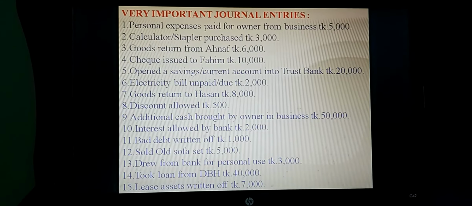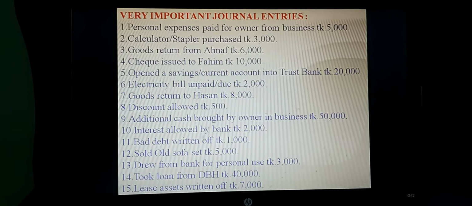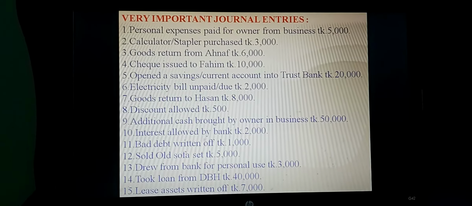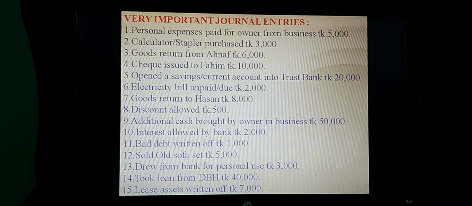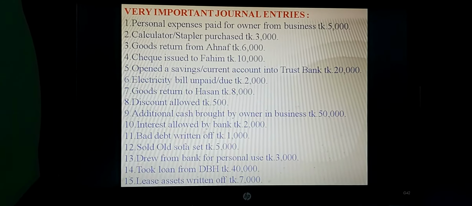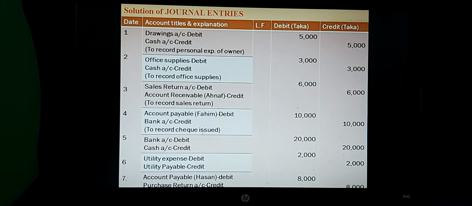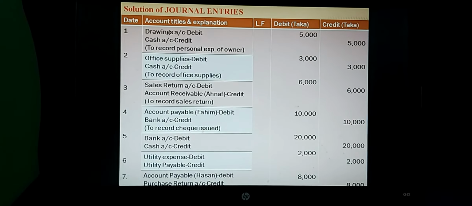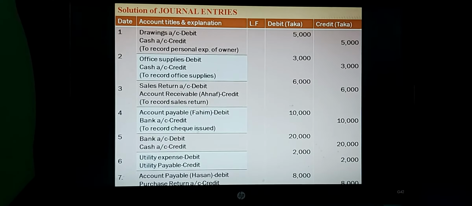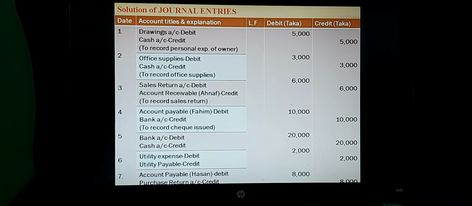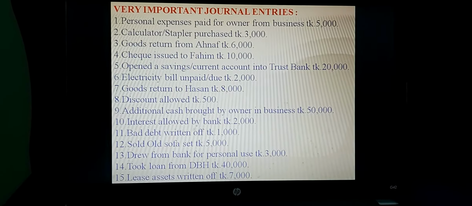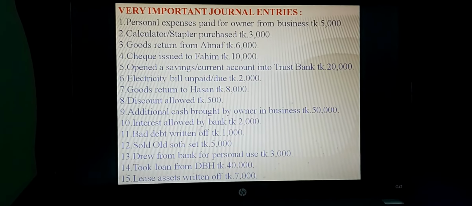So you can write for this transaction utility bill expenses debit, electricity bill payable credit, for unpaid amount. Now you can see in the next slide, utility expense debit, utility payable credit, amount taka 2000. You can write explanation: utility bill unpaid or due.